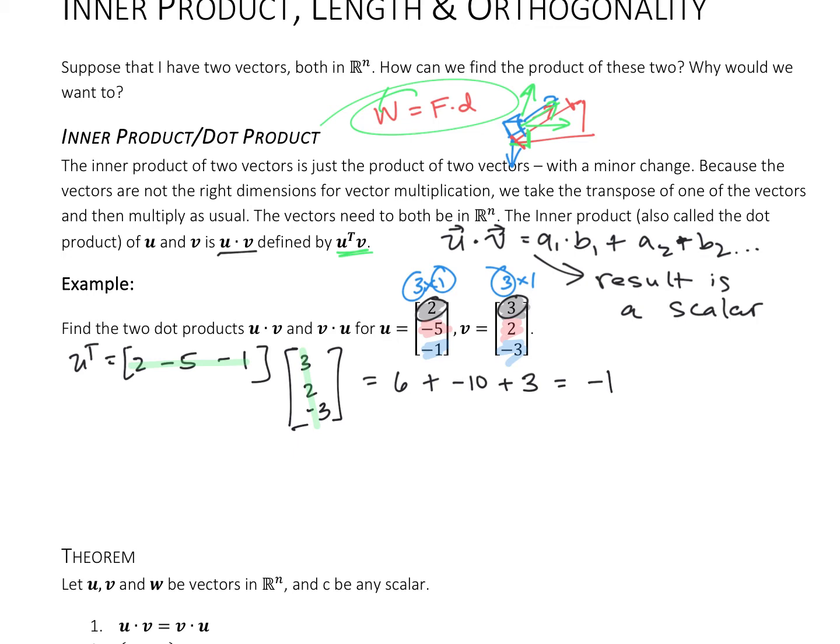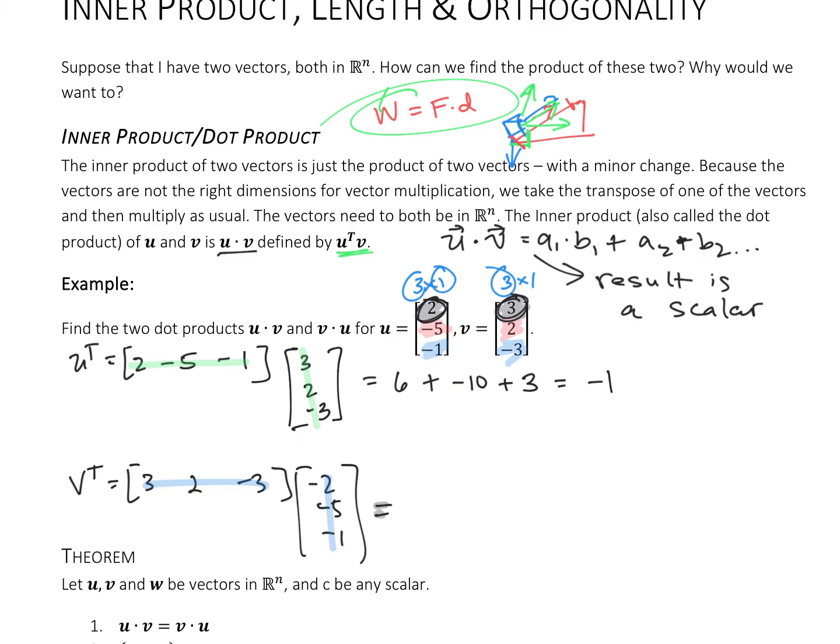Now, if we go the other way and do V transpose times U, so V transpose is 3, 2, -3 times 2, -5, -1. I'm hoping you're screaming at your computer right now, saying those should be the same, which they darn well should be, because the same positions are being multiplied, whether we do U first and then V, or V first and then U, because of the way we're defining this particular brand of multiplication.